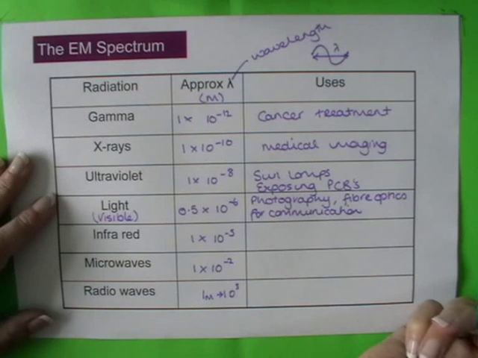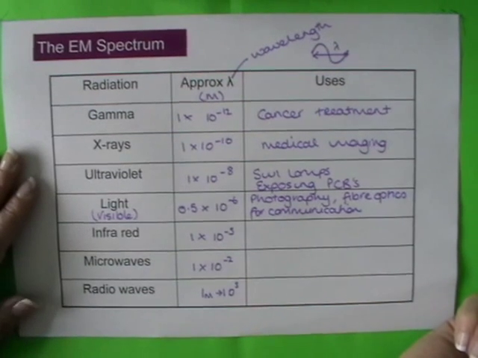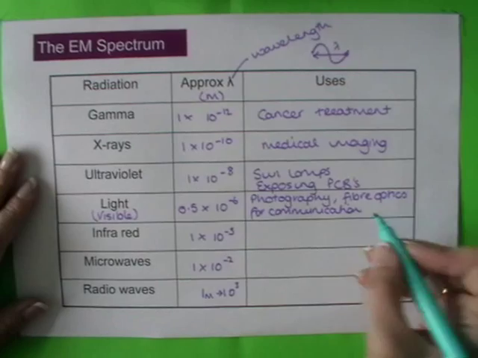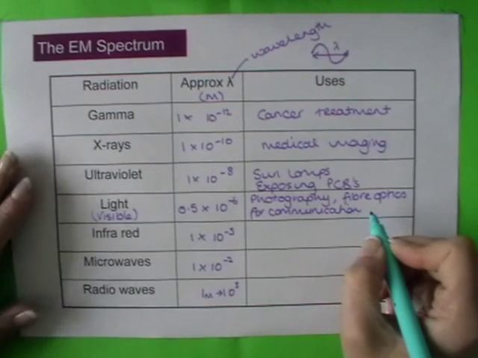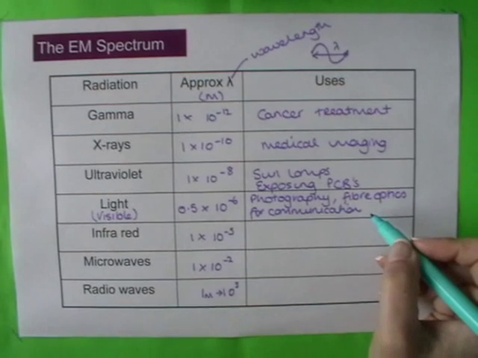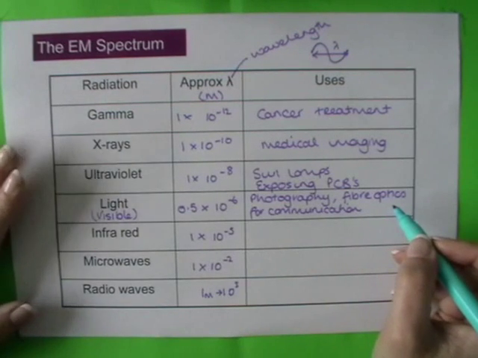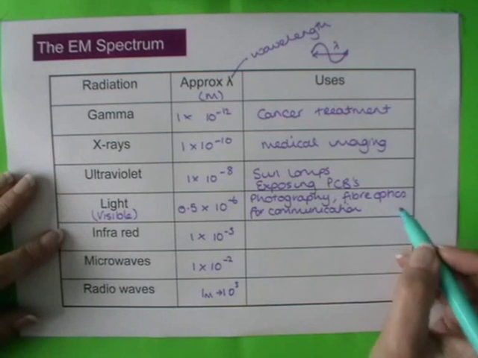In terms of the communication, the fibre optics can be used to transmit TV signals, telephone, internet, broadband, and so on. And they're used also in fibre optics in medical applications in terms of the endoscope to examine organs.